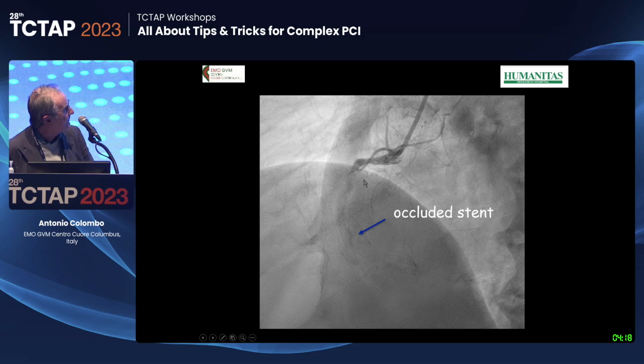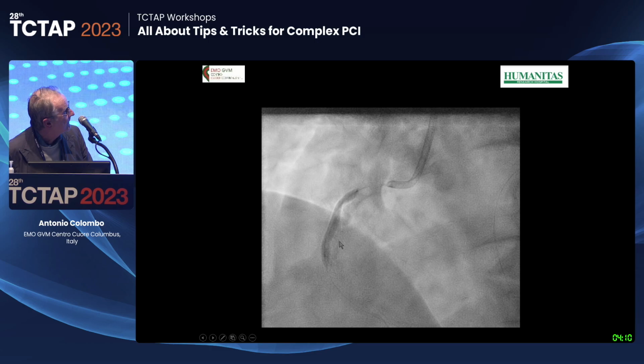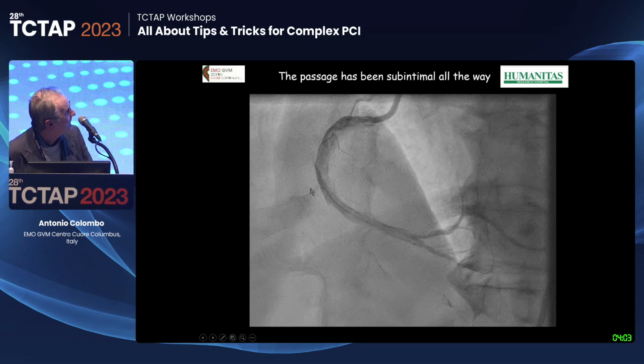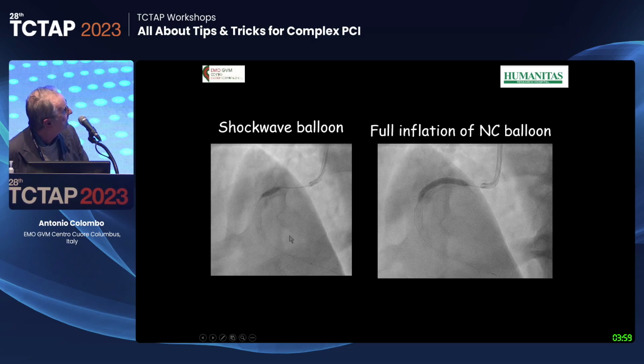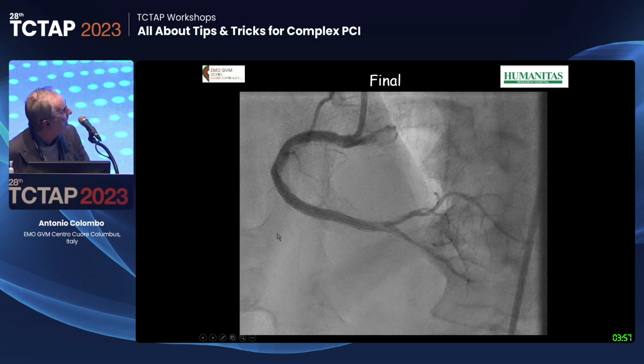This is another example. It's a strange example. This is an occluded stent. We went subintimal. We were not able to go in the stent. We crushed the stent, and it was heavily calcified. And we did a Shockwave inside the crushed stent, and that really shows the need for multiple devices.